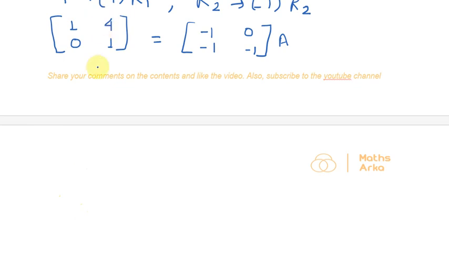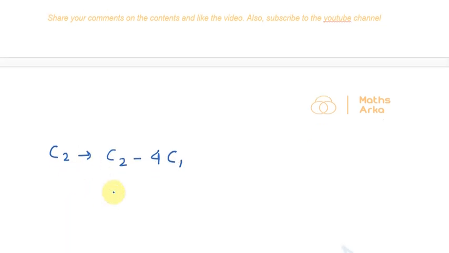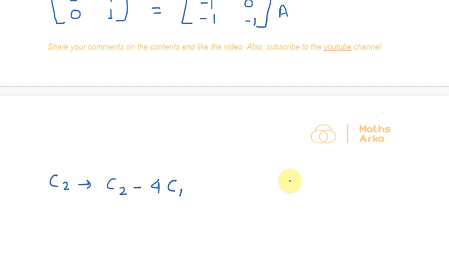This is column 2. In column 2 what do we do? Column 2 minus 4 times column 1. Okay, so if we do that, what do we get? So column 1 is as it is.